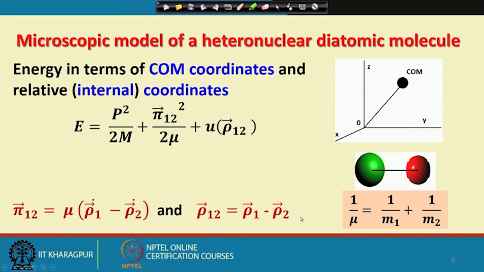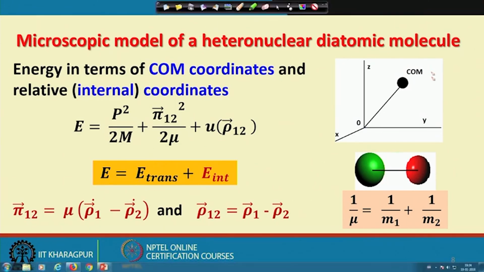So, what we have achieved through this is a separation of the entire energy into one part, that is the translational motion of the molecule as a whole, being represented in terms of the motion of the center of mass, without paying any attention to what exactly is the structure of the molecule.